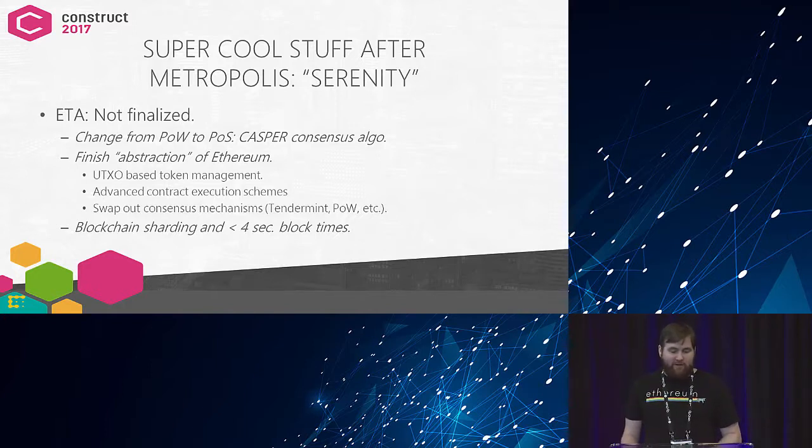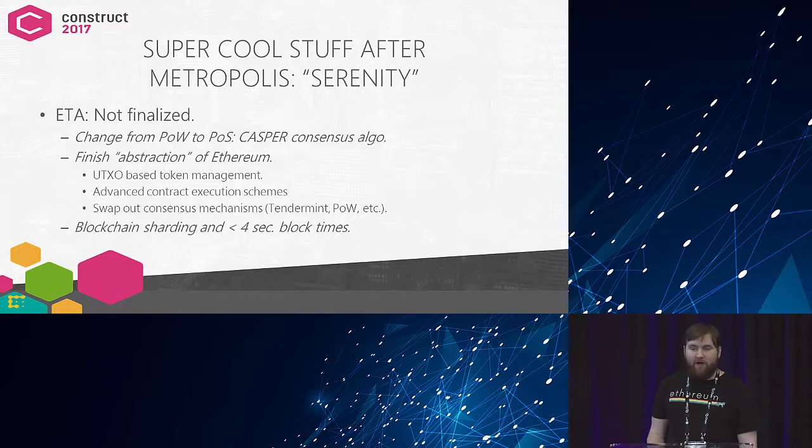Finish abstraction on Ethereum. So I talked about it a little bit in the last slide, but additionally, what we're trying to do is have a lot more flexibility with what people want to do. There are sometimes big debates about UTXO transaction models versus what Ethereum uses, and so having this abstraction of the logic layer and the storage layer, you can put UTXO-based token management on the Ethereum blockchain.